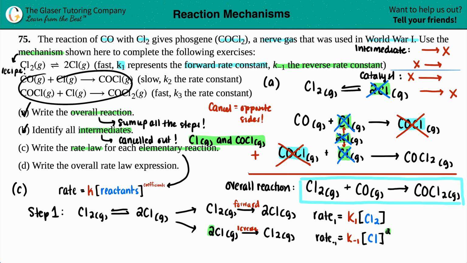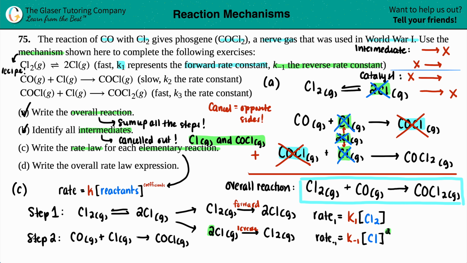Now we have 2 more steps to go. So let's do step 2. That one was CO gas plus Cl gas yields Cl gas. Now, it's only a forward reaction, and in this case, they said that it's slow, right?